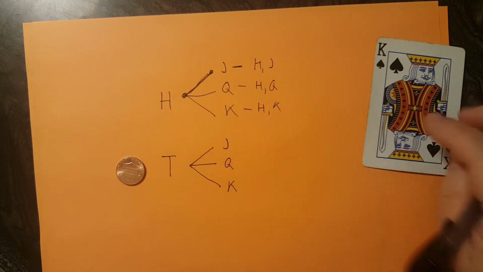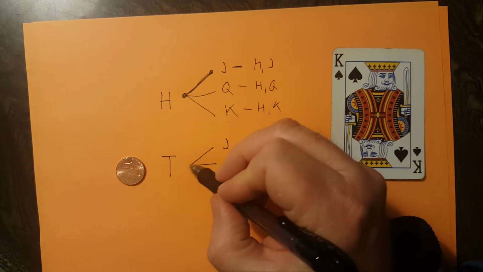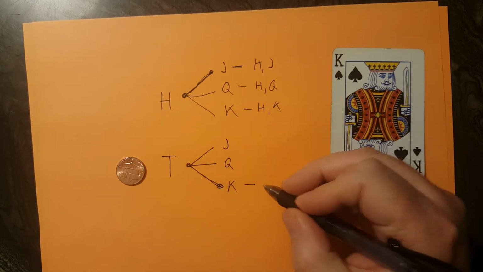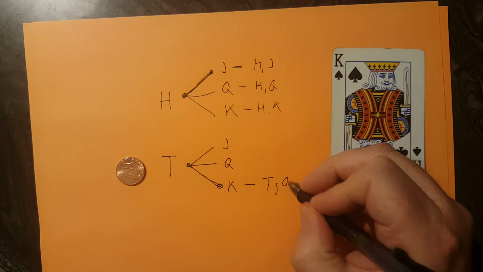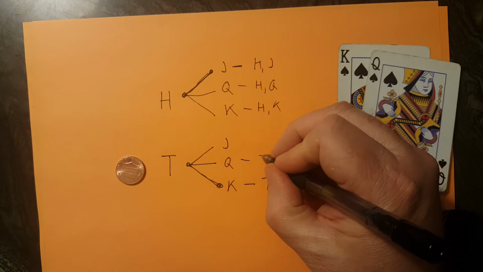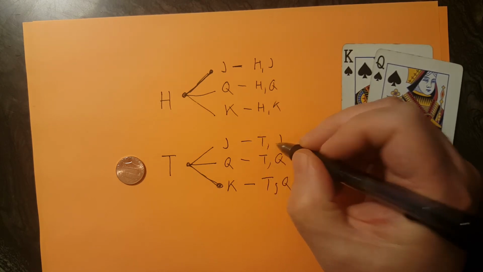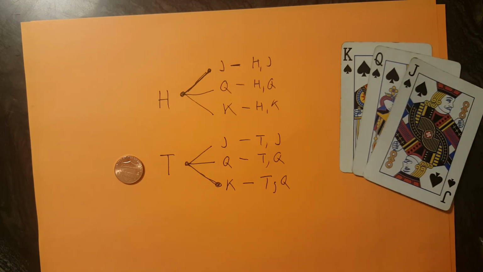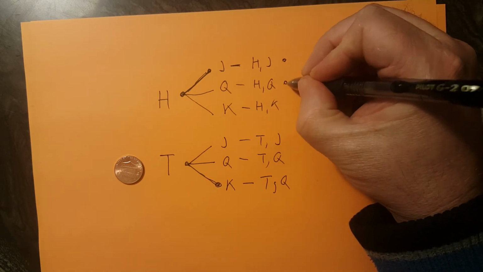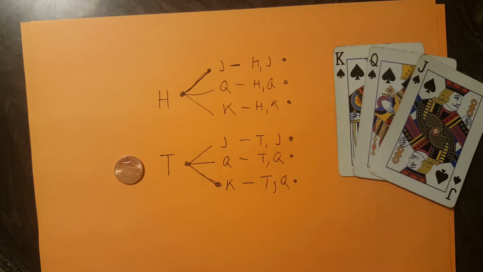And again, the event that came up this time was first tails, and then king. Other possibilities would have been tails and then queen, and tails and then jack. All right? So you can see I have 1, 2, 3, 4, 5, 6 possible outcomes.